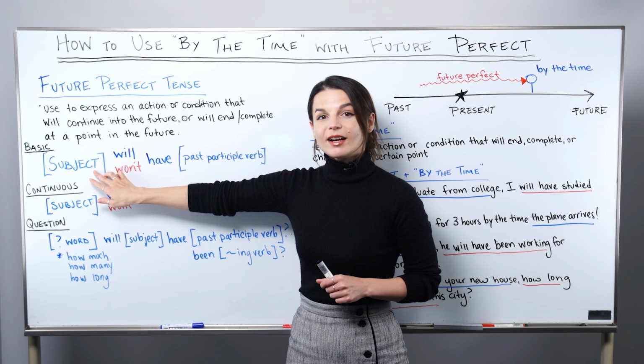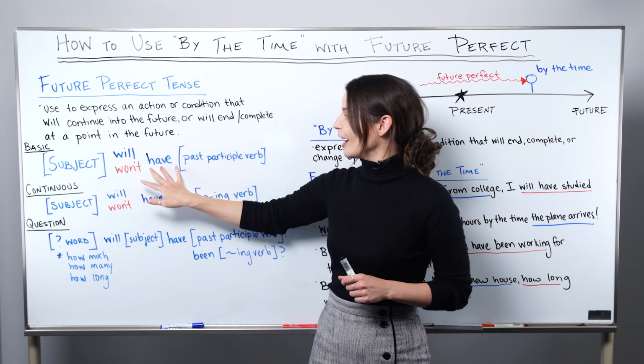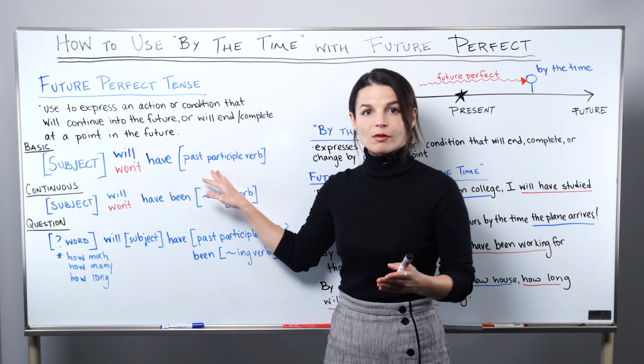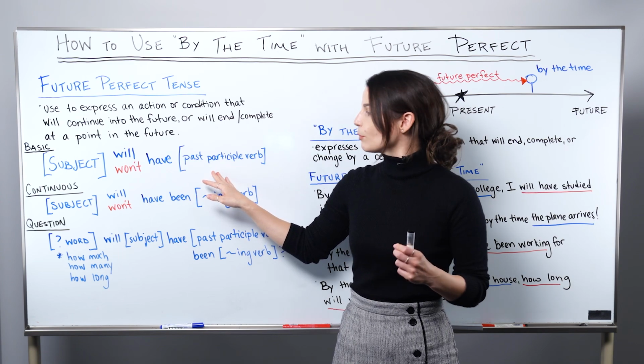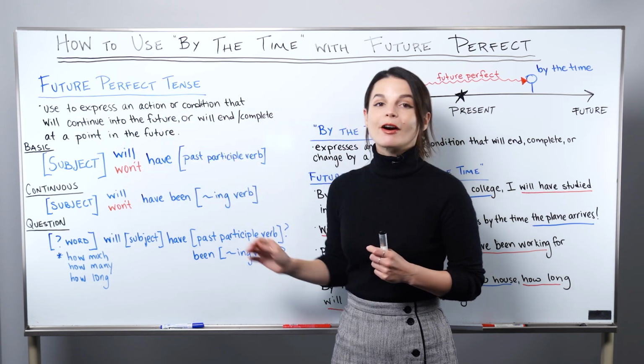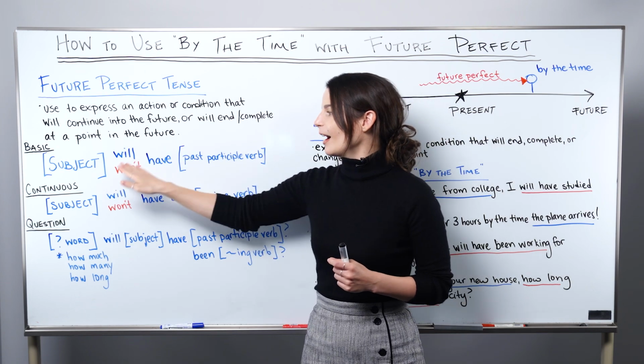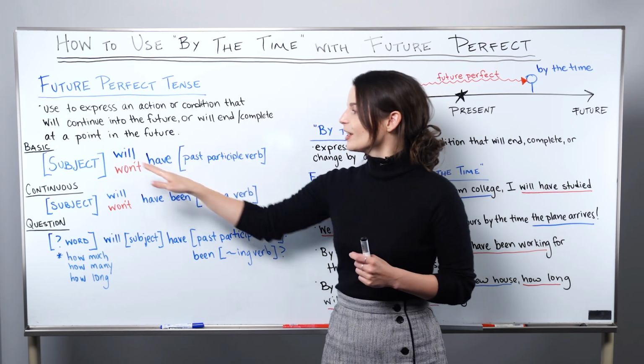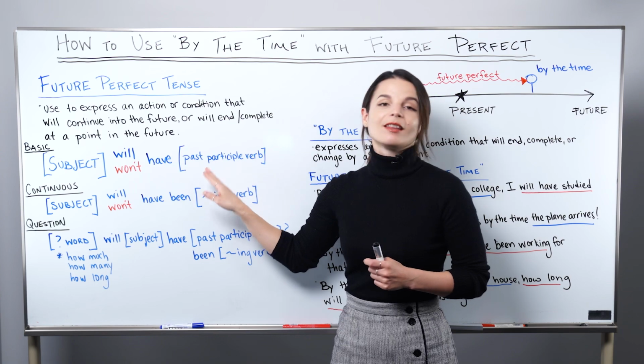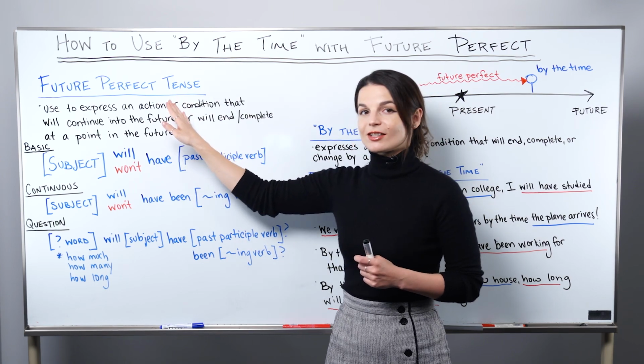We have subject plus will, have, and the past participle form of the verb. This makes a simple, positive, future perfect tense sentence. So, I will have eaten, or she will have slept. These make future perfect sentence structures.